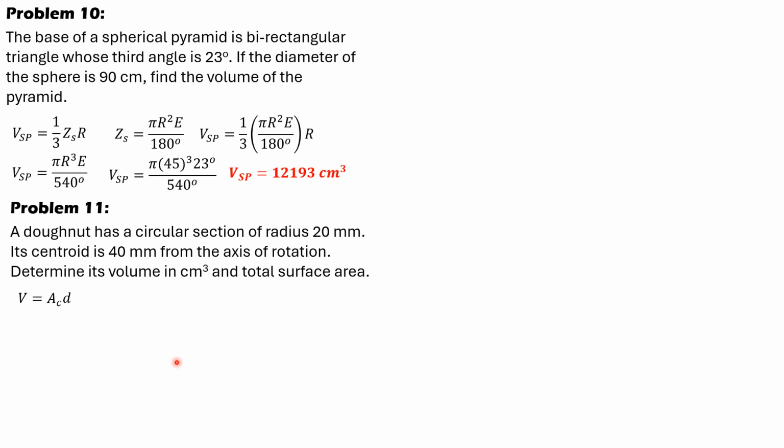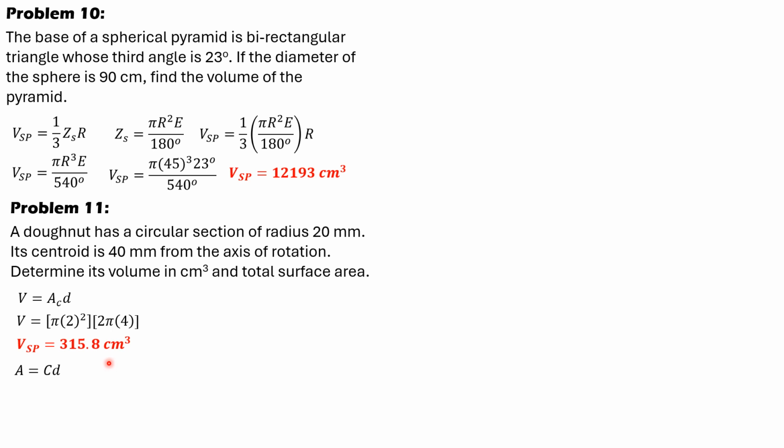So it is equal to pi times 2 squared, times quantity 2 pi times 4 cm. So the volume is equal to 315.8 cubic centimeters.